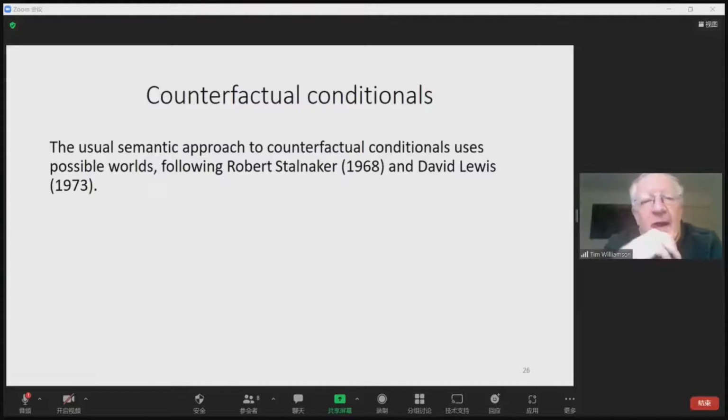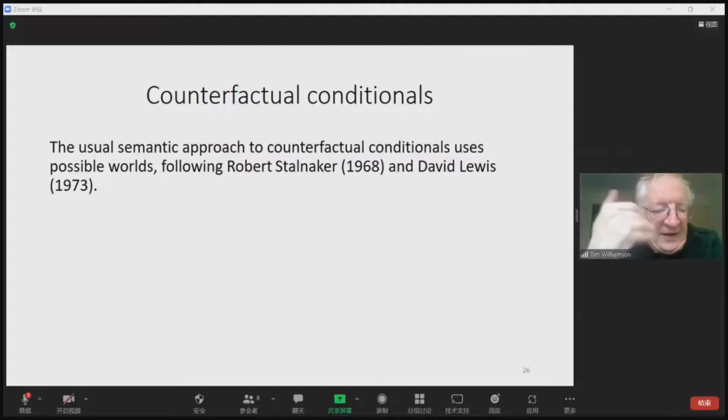So the usual semantic approach to counterfactual conditionals is one which uses possible worlds. And that approach follows the work of Robert Stalnaker in 1968 and David Lewis in 1973, which have become a bit less popular amongst linguists, but amongst philosophers have become the standard view of counterfactual conditionals.